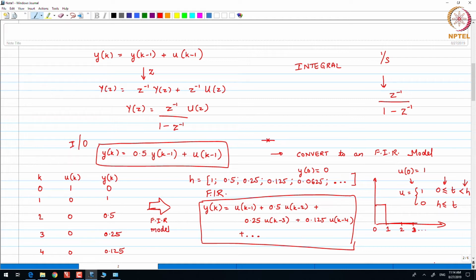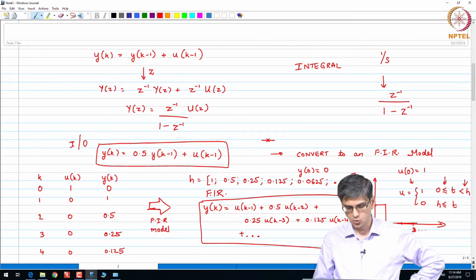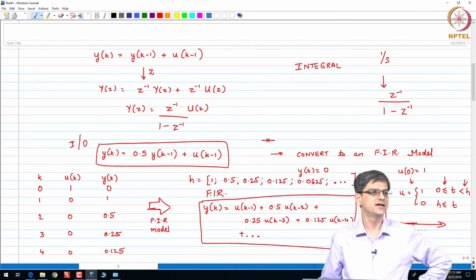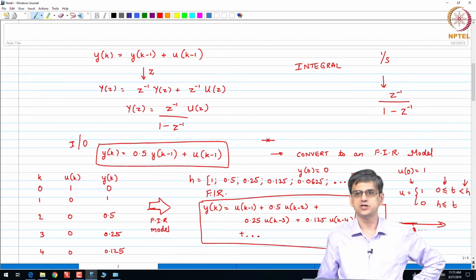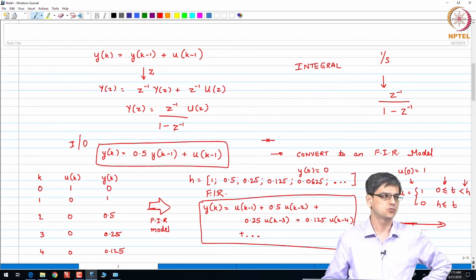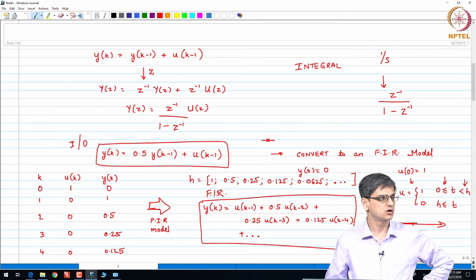Okay. So, all these conversions we have done from input output models to FIR model, from input output model to transfer function model. And hopefully now you will see why we actually might prefer to use a model like an input output model, or for that matter a state space model compared to FIR model. Look at the number of FIR coefficients that we will need.